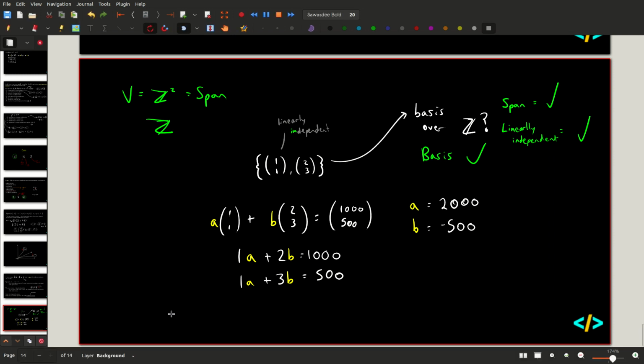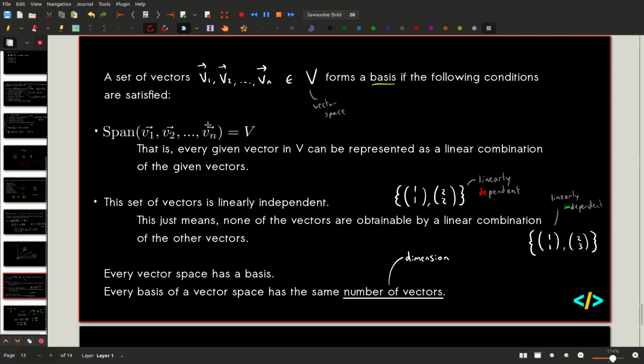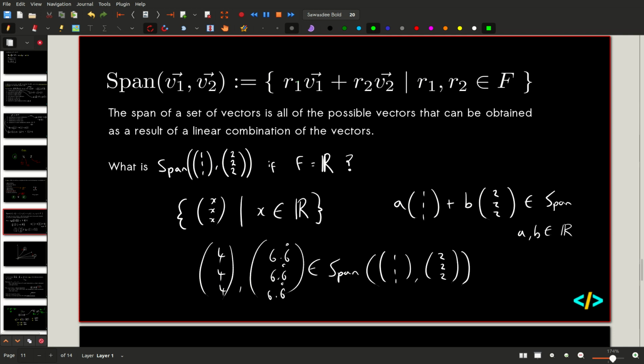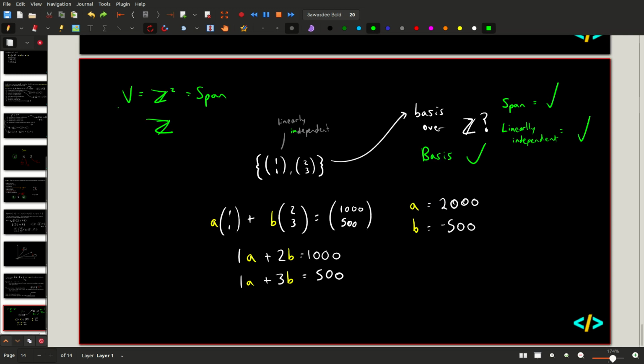Do A and B have to be in... if we go back to our definition of a span, here they've used R1 and R2, we used A and B. They have to be in the field, so whatever field this vector space is over. For this example's case, I just said the field is integers.